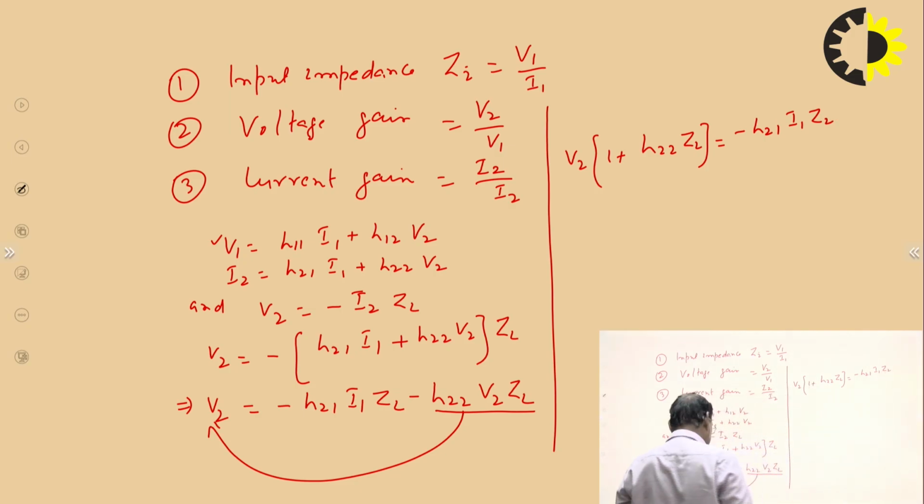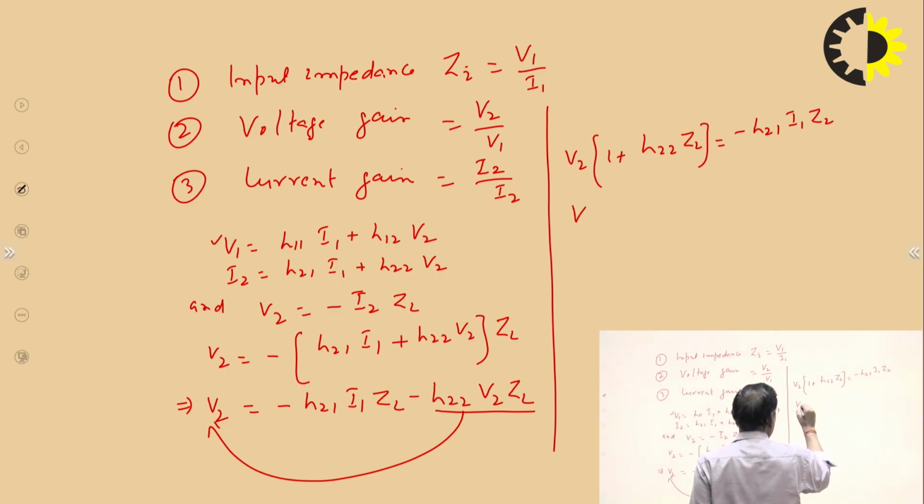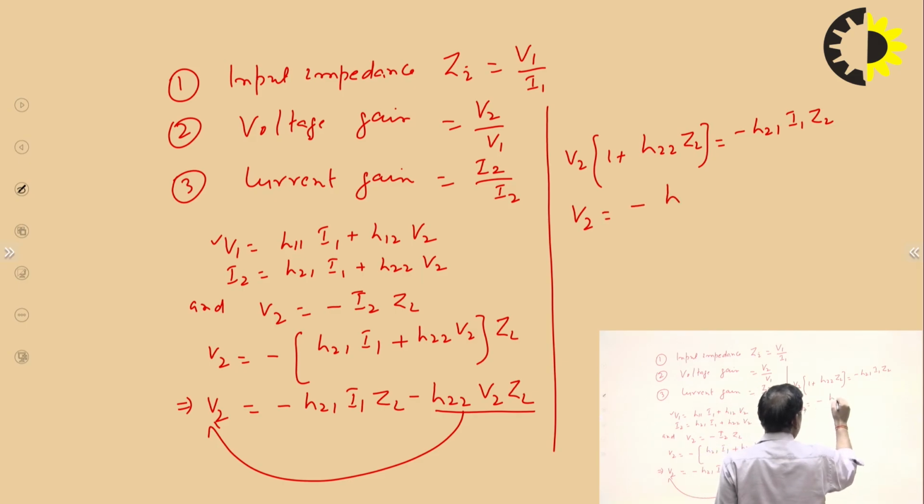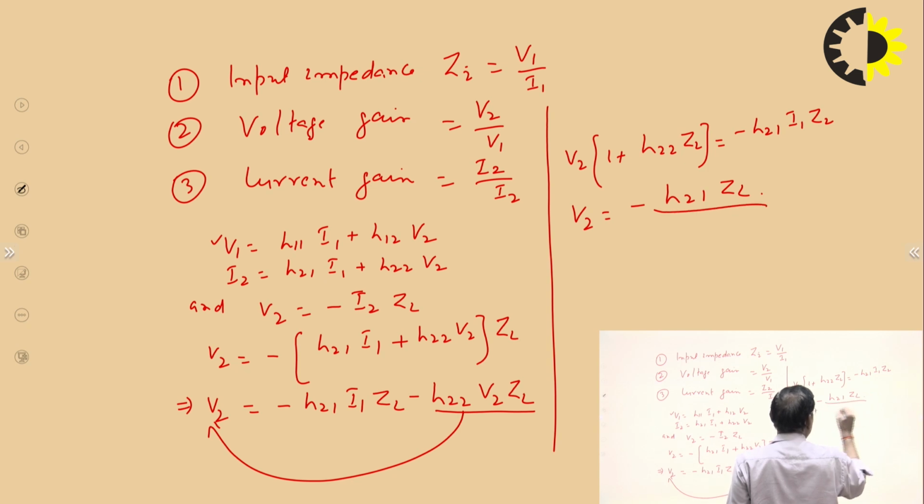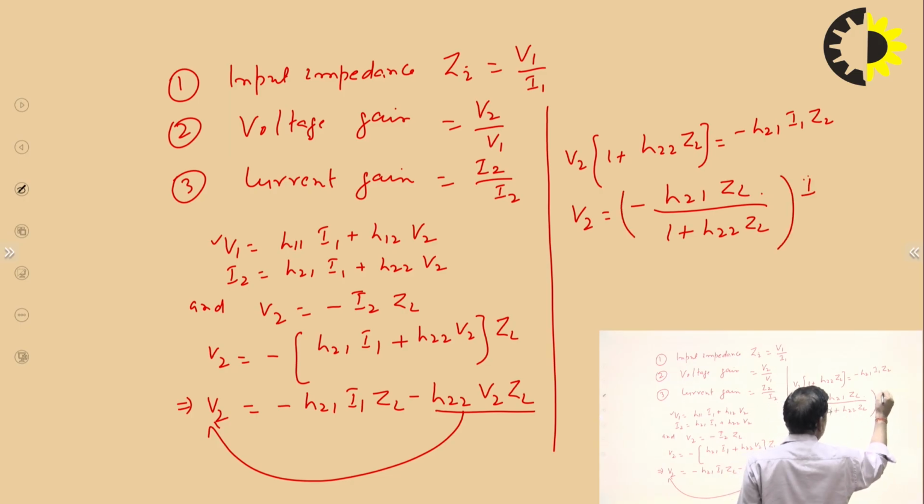Okay, so this much we get now. So V2 is minus H21 ZL upon 1 plus H22 ZL into I1.